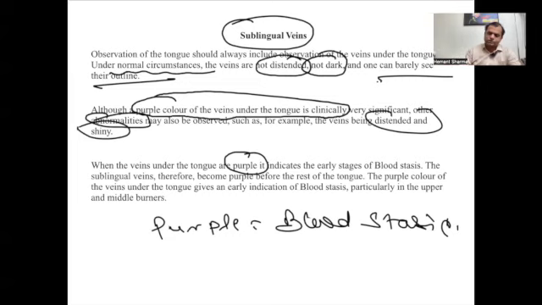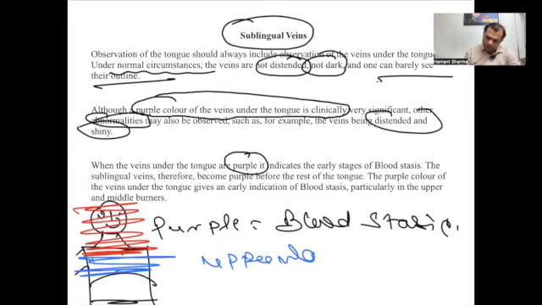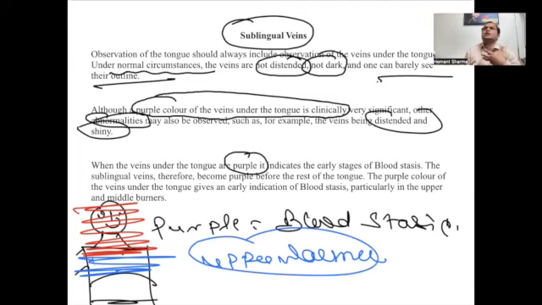So mainly this is telling about blood stasis in the upper burner and the middle burner. Upper burner means till the chest cavity, like the problem of the lungs, the heart, the brain. That is the upper burner, the area of the chest, including the lungs, heart, brain.